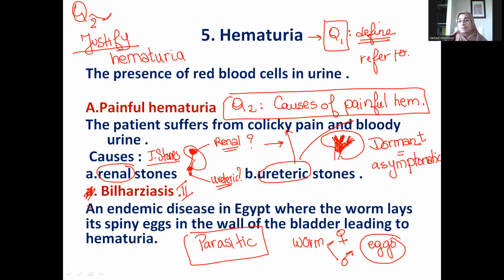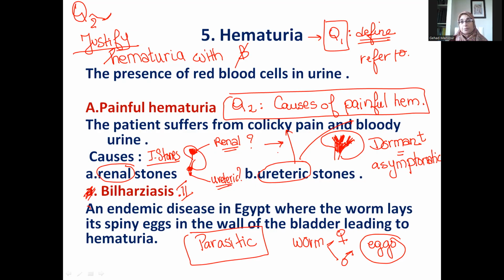There is intestinal bilharziasis, which we will not study here, of course, and there is urinary bilharziasis, and it is the urinary bilharziasis that is characterized by bloody urine. So justify hematuria that is associated with bilharziasis. This B with a dash on it indicates bilharziasis.